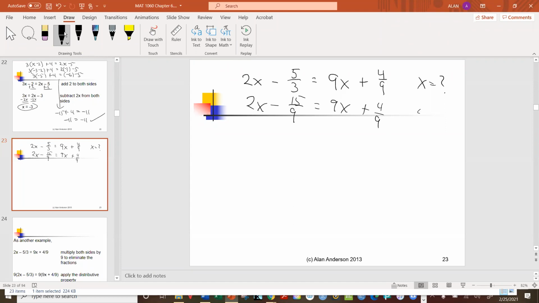Okay, so in other words, 5/3 times 3/3 is 15 ninths. All right, and that'll make it a little bit easier.